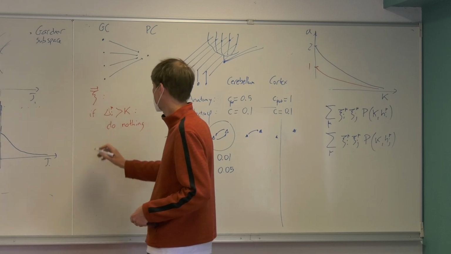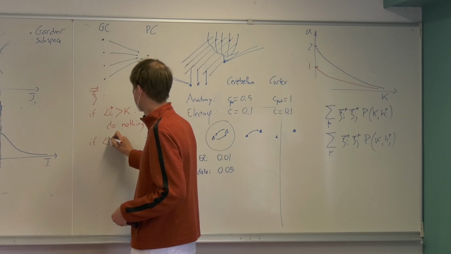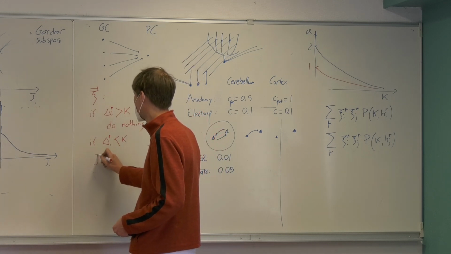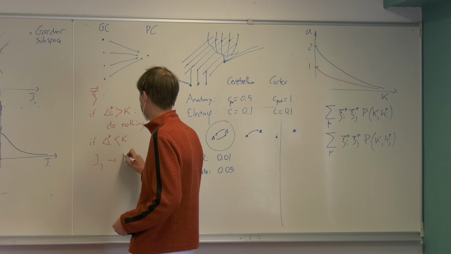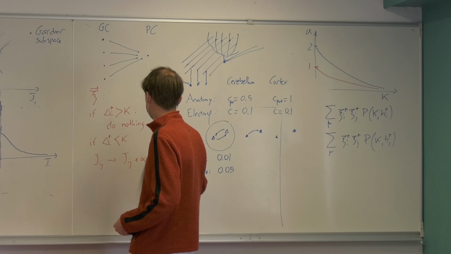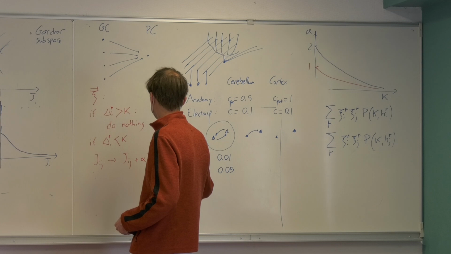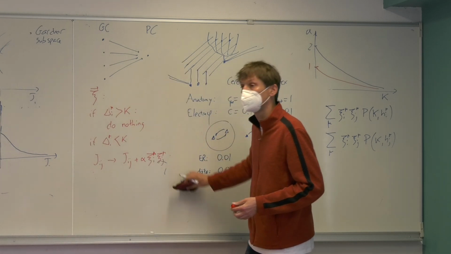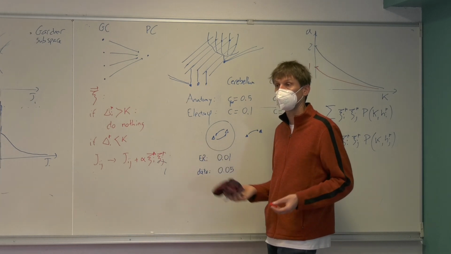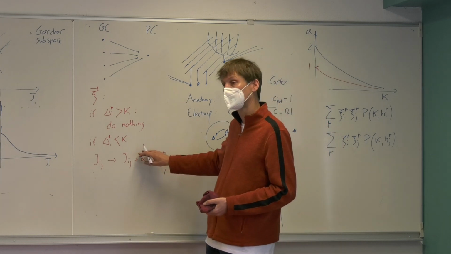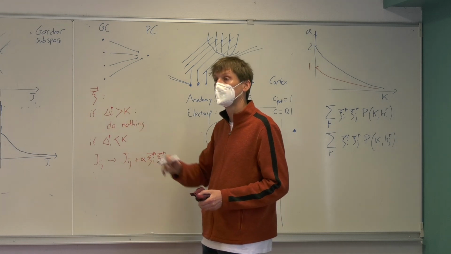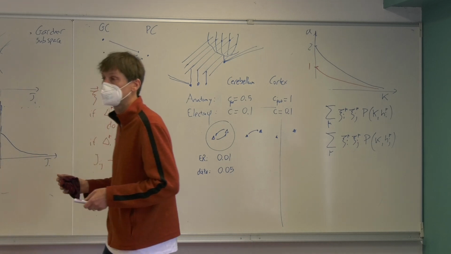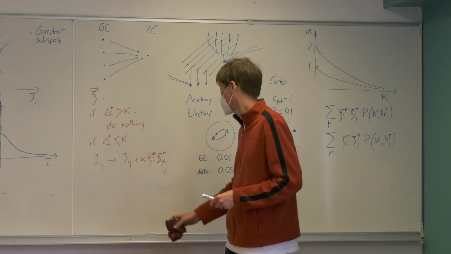You don't have to modify the weights. If delta_i^mu is smaller than k, then you have to do something: you add to the current weight vector the product of pre and post, and that's it. That will make it more likely that after this operation you will have learned this pattern correctly.